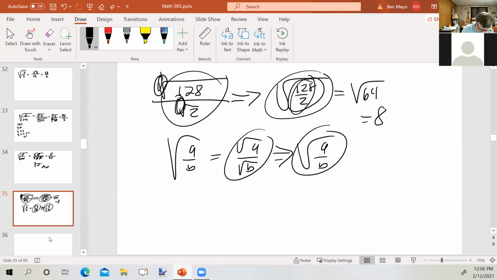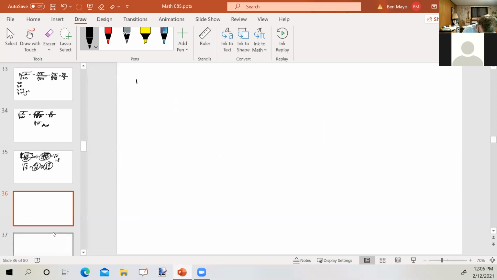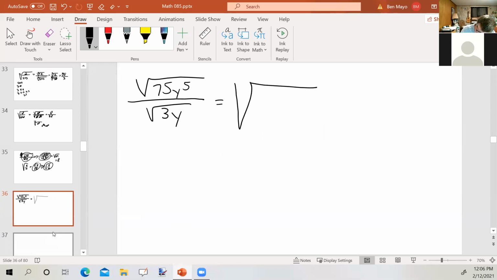Let's take a look at another example of that. Let's say I've got the square root of 75 y to the 5th power over the square root of 3y. Again, the instructions said all variables represent positive real numbers. This could be written as the square root of the quantity 75 y to the 5th over 3y.